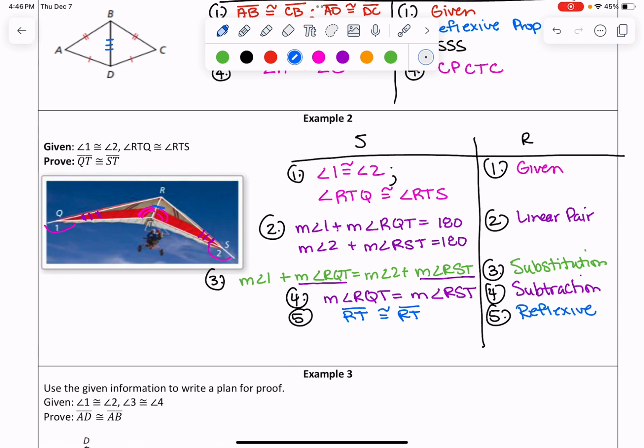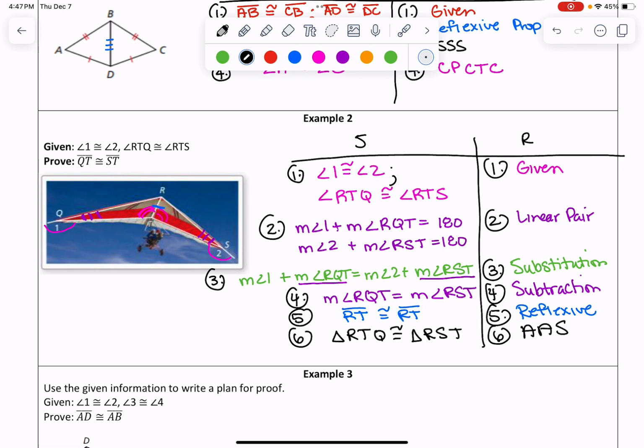And so I can now go ahead and say the two triangles are equal to each other by angle, angle, side. So triangle RTQ is congruent to triangle RST by angle, angle, side.